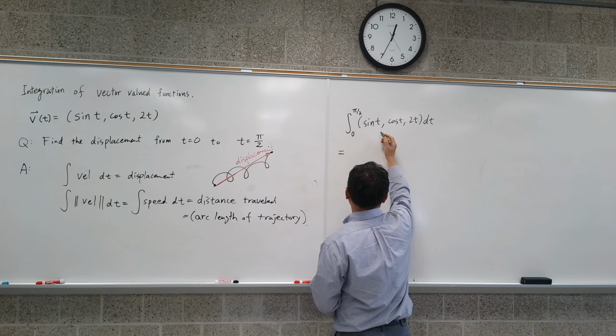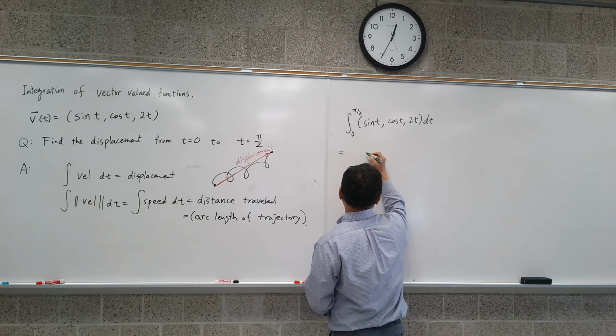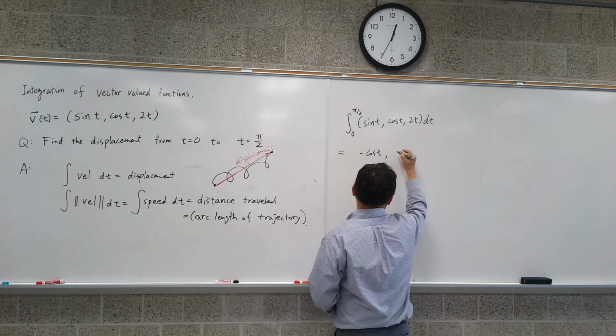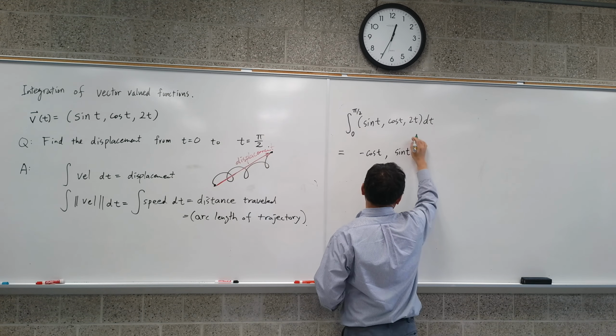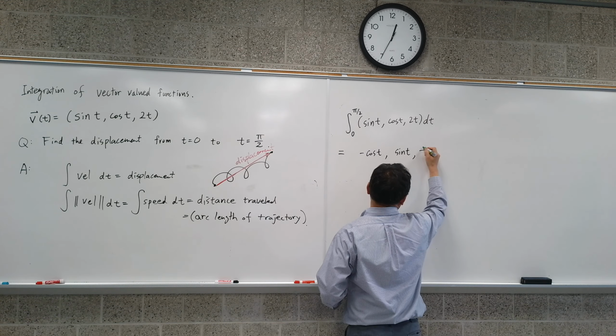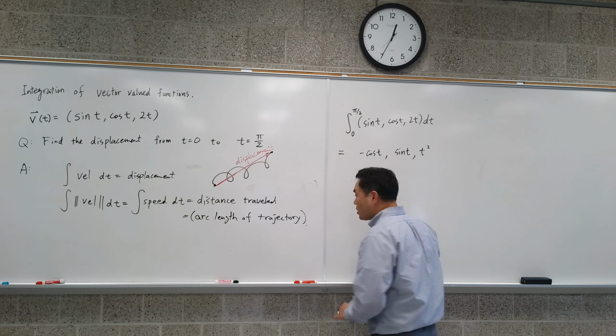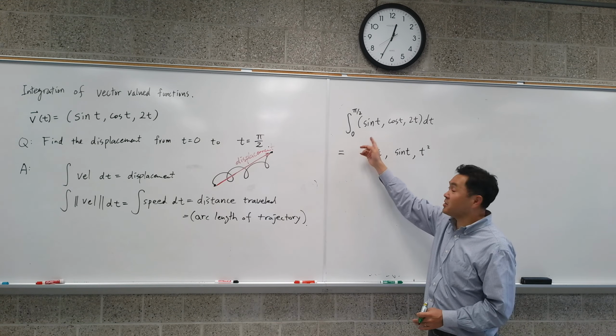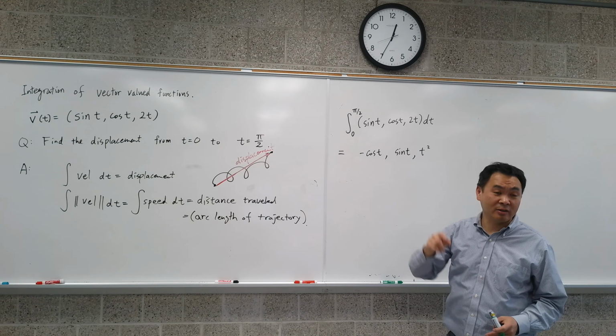The integral of sine t is negative cosine t. The integral of cosine t is sine t. The integral of 2t is t squared. By the way, this is a definite integral, so you don't put plus c.